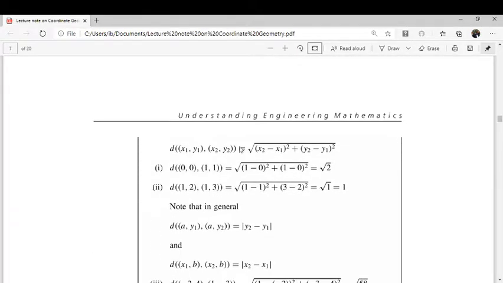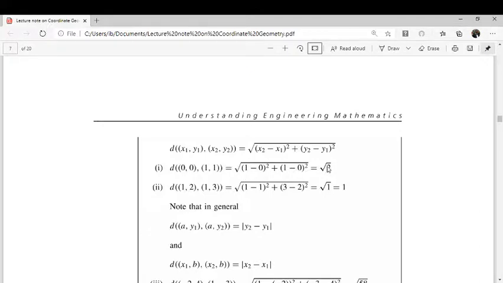Now let's see this example. This is the formula to get the distance between two points on a Cartesian space, on a line rather. These are the two points, and you want to get the distance between them. This is your x1, y1, x2, y2.